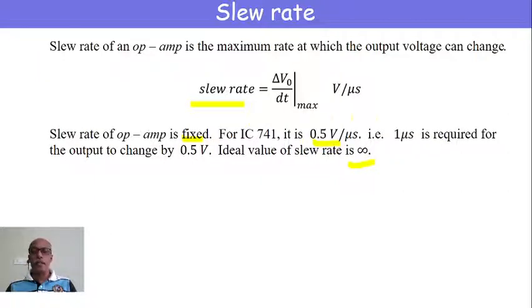This means that 1 microsecond is required for the output to change by 0.5 volt. Within 1 microsecond, the output changes by 0.5 volt. And this is for the IC 741.